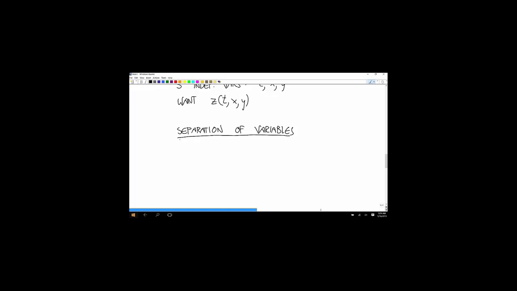Those are just the names that are chosen. So separation of variables is when you have something like this. I'll write it like this: dy/ds is equal to a function of y times a function of s.